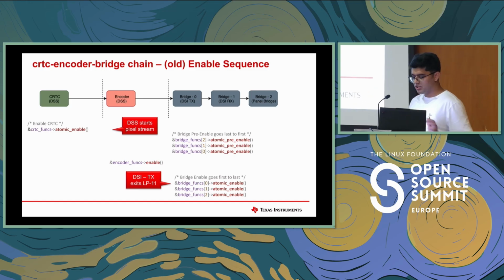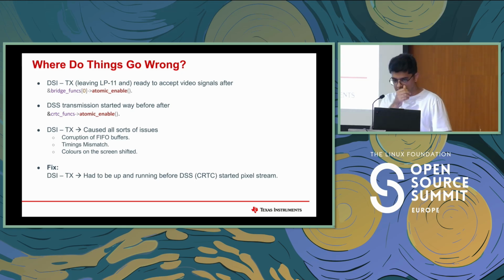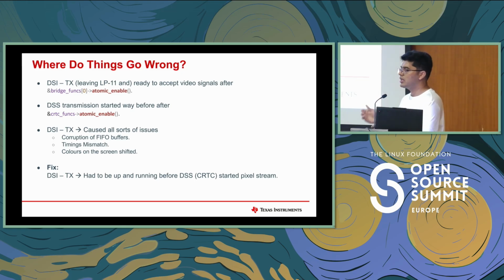So this was a major problem for us, because having the video signals be transmitted way earlier than DSI was ready to accept the actual video data was causing all sorts of issues. The FIFO buffers inside the DSI IP were being corrupted.